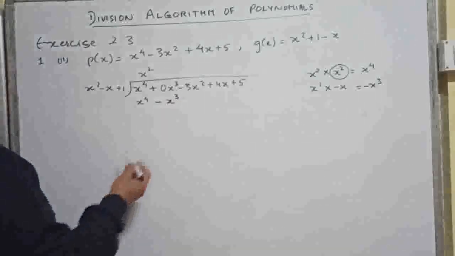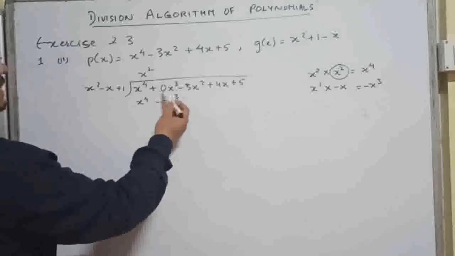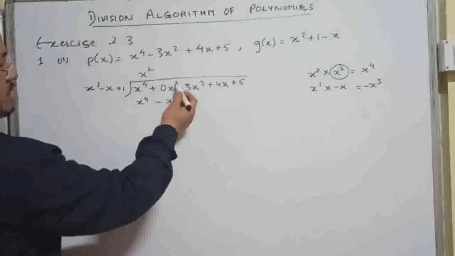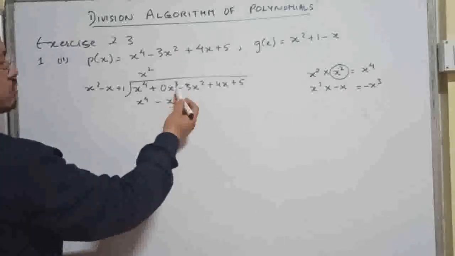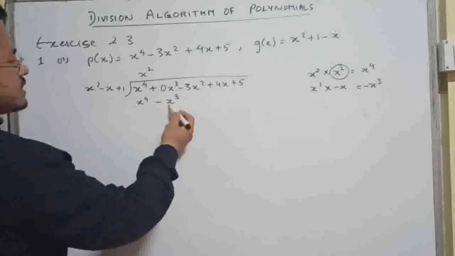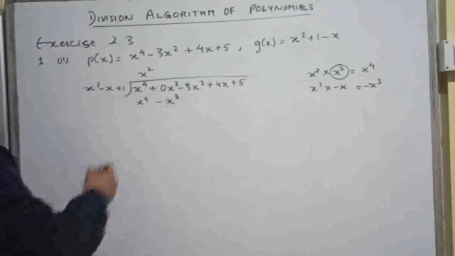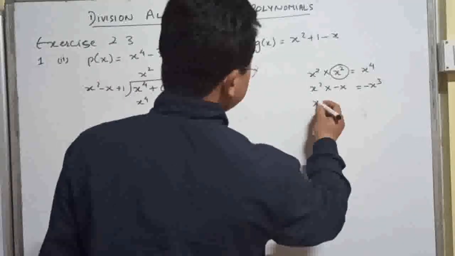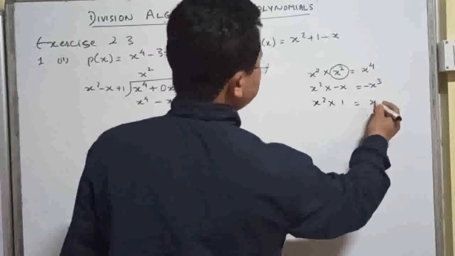Always make sure that you're writing this number in its correct place. For example, a number has to be written under this, that is cube and cube. You cannot write square somewhere else. You have to write under where the square is. Now the third term is x square into 1, that is x square.